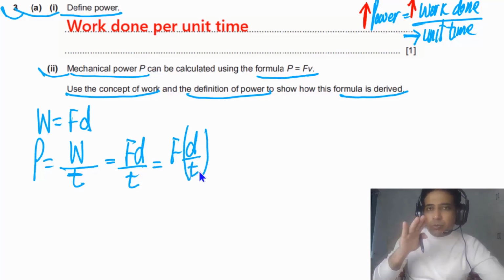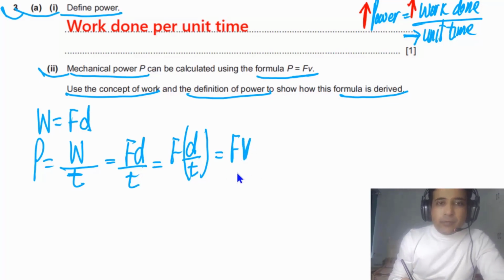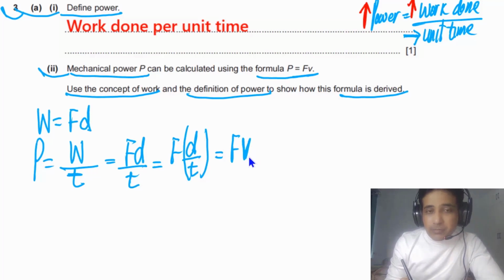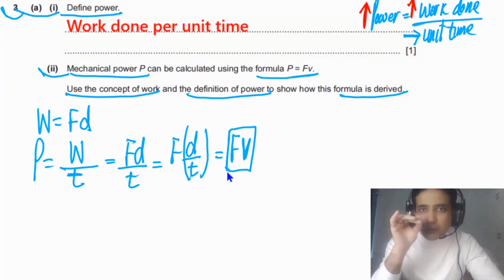So d is the displacement in direction of force. So d over t, simply we can say this is equal to speed. So power is equal to force times velocity, or you can say force times speed in this case. So this is what you need to do for the answer of this question. So simply you need to say power is equal to force times speed.